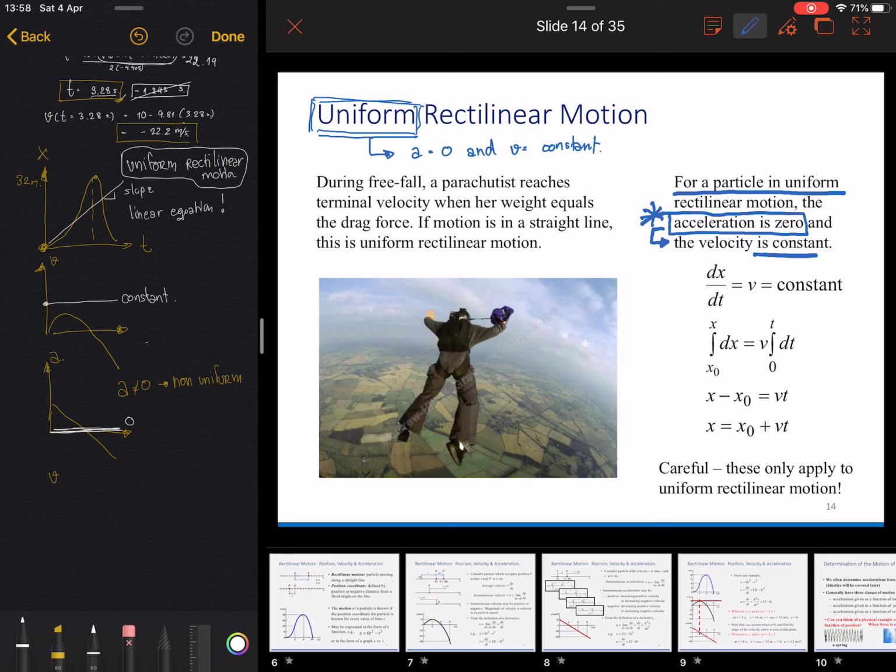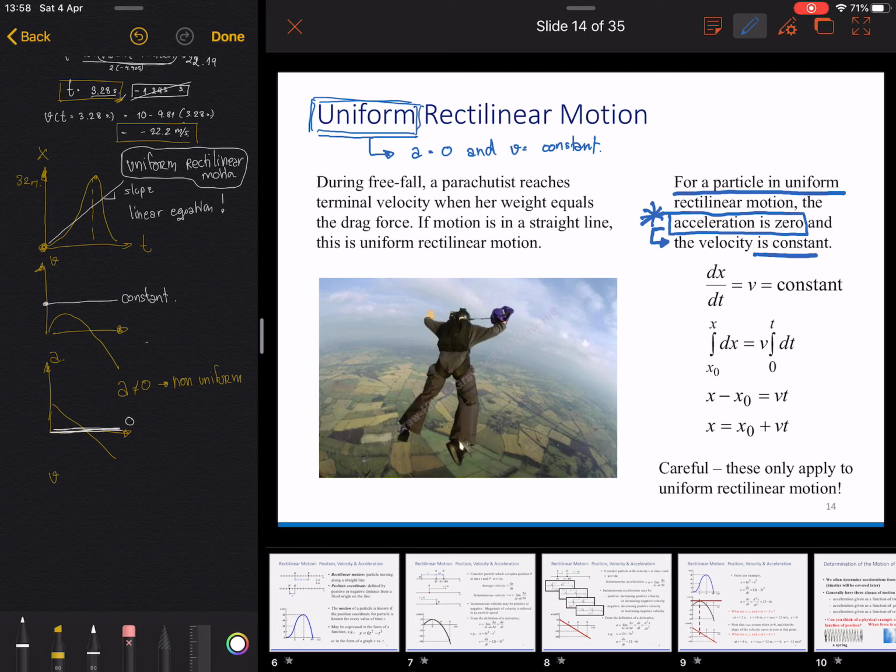Okay, so then please remember, uniform just means acceleration is 0, and then the following things will follow, for example, the velocity will become constant automatically.